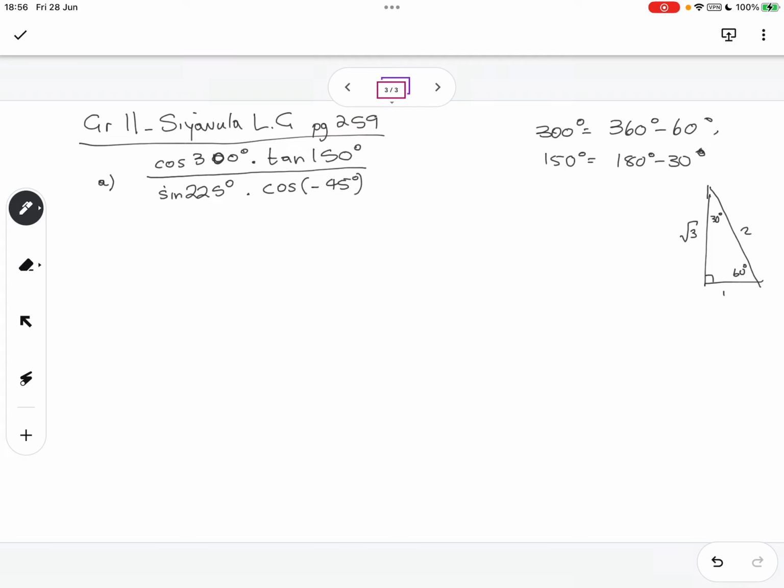And at the bottom, since we have a 45 degree angle, maybe we could also use the 45 degree triangle. And we can also reduce 225 to 180 degrees plus 45 degrees. Can you see how that can help?